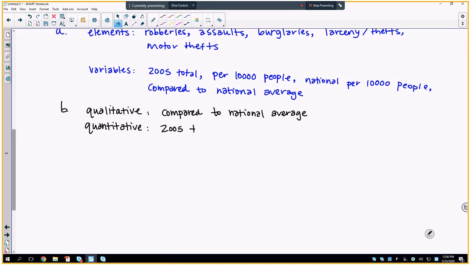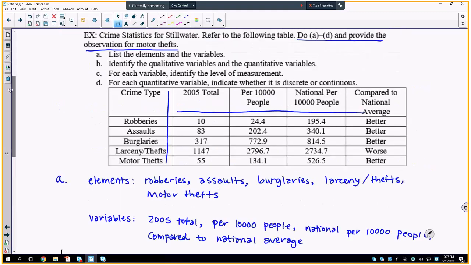So we'll say 2005 total per 10,000 people and national per 10,000 people are our quantitative variables. So that's question B. And question C is, for each variable, identify the level of measurement.